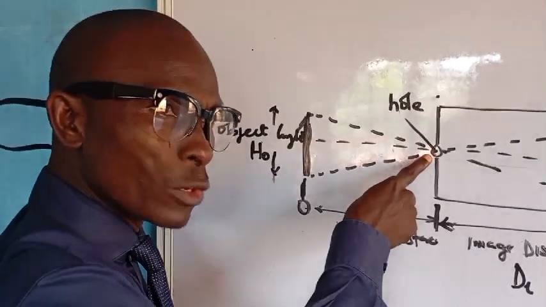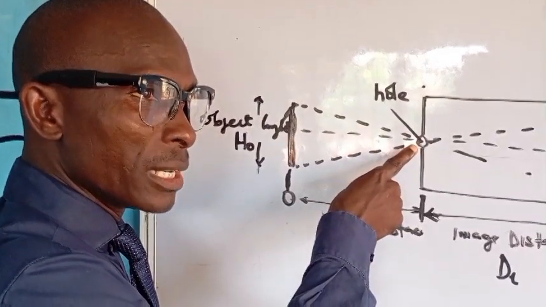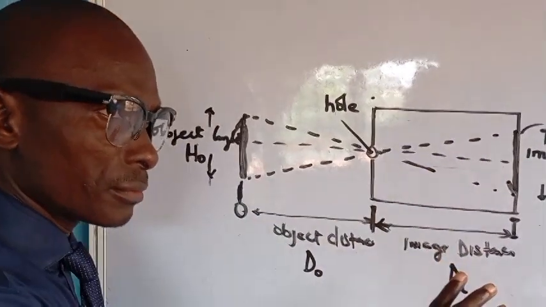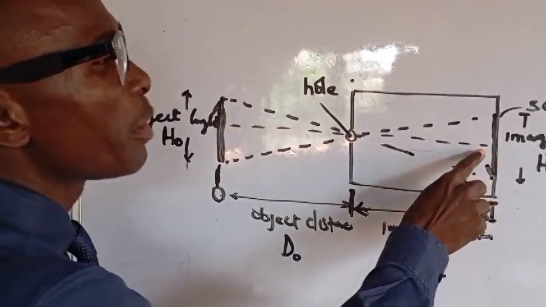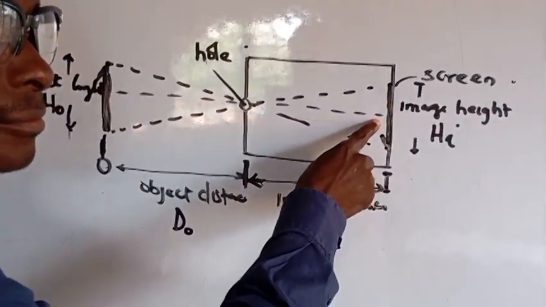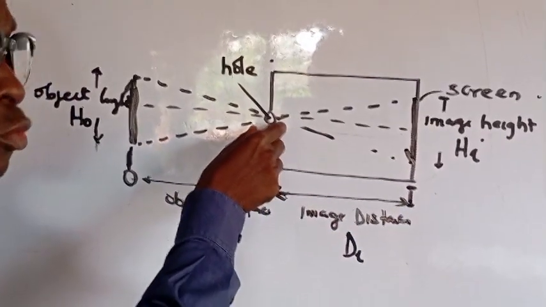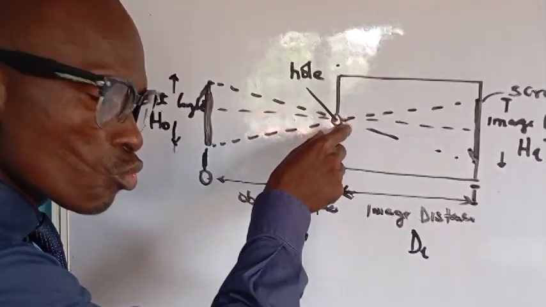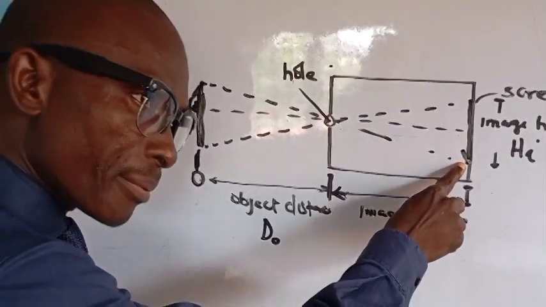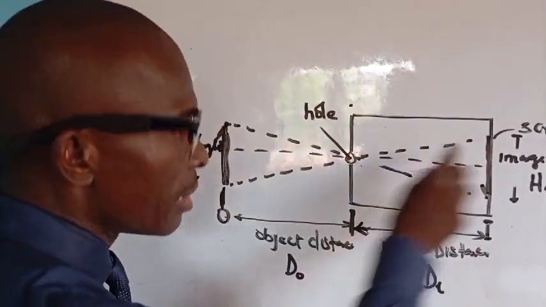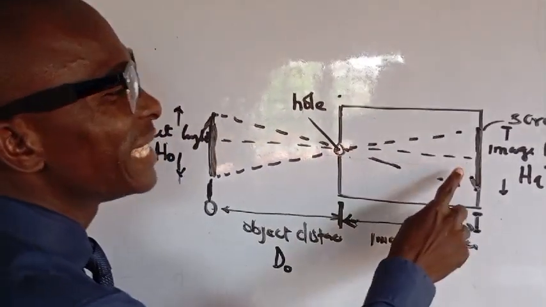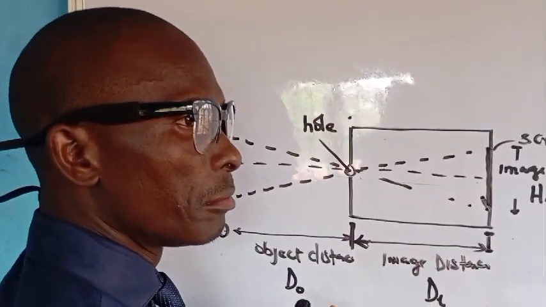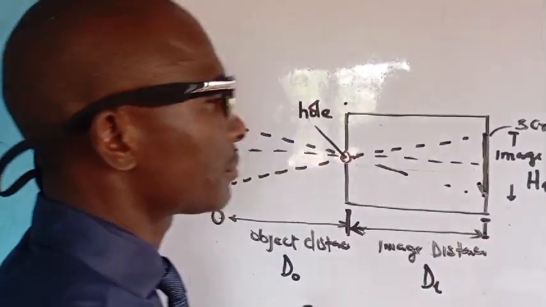When you enlarge this hole, the image here will be blurred, but it will be bright. But if the hole becomes small, like this, reduced, the image becomes sharp but less bright. But if the hole is big, the image becomes what? Blurred, but more bright.